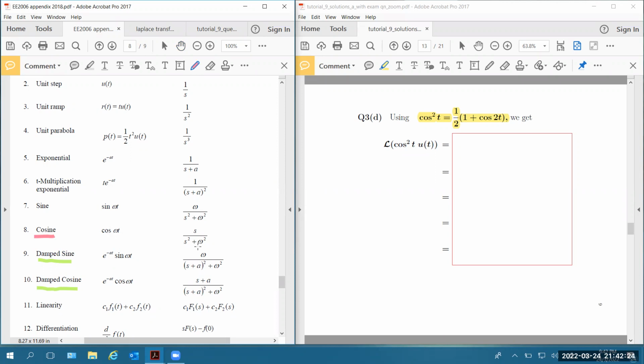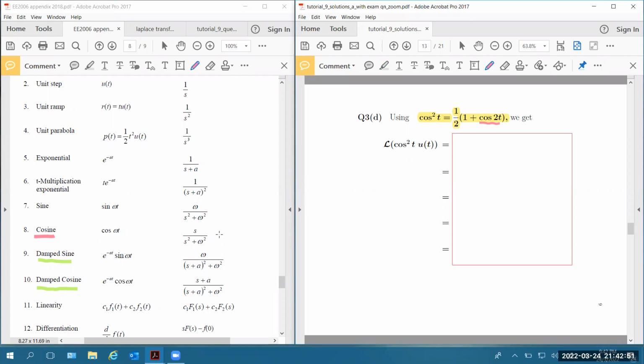So that means here you've got to think of something related to cosine square t. You find that you actually know this formula: 1 plus cosine 2t over 2. And now you've got this cosine 2t, and this cosine 2t, you actually know the Laplace transform.